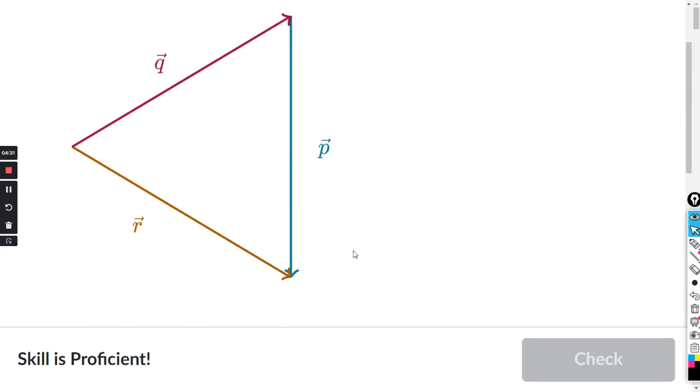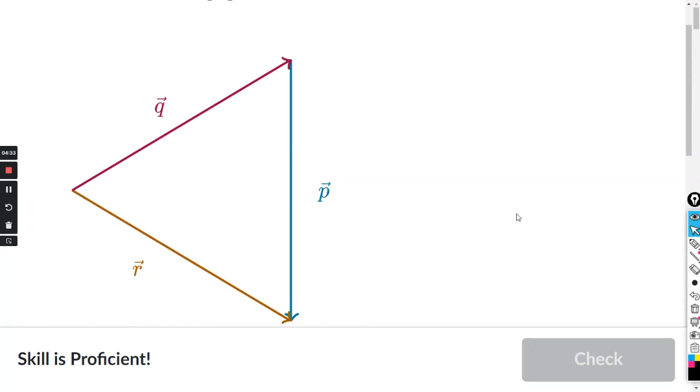So remember, when you add vectors, you arrange them from head to tail, the vectors that you're adding. Okay, so we can see vector Q, the head is right there. And we can see vector P, the head is over here, so the tail is over here.